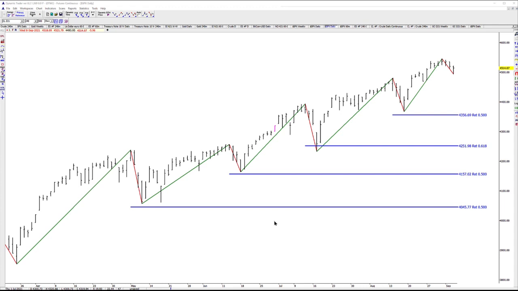We don't want to anticipate that a market is always going to reach exactly one of these levels, or that it's going to stop right at the level.